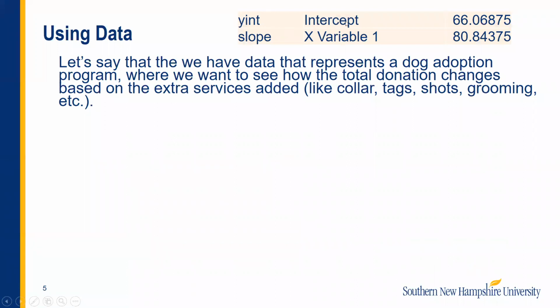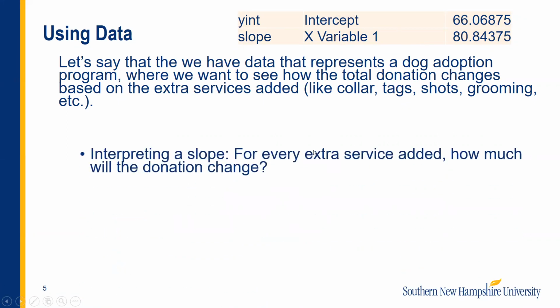Okay, so we have our intercept and we have our slope. And so the first question is interpret the slope. For every extra service added, how much will the donation change? Well, it'll change by the amount of the slope. That's what the slope tells us.